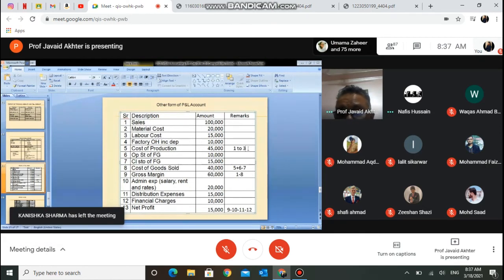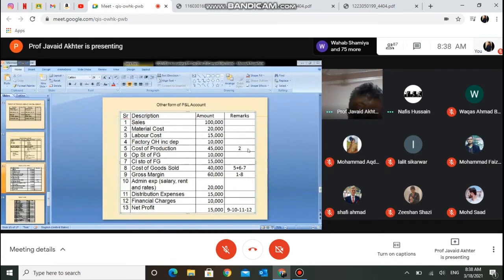If you add opening stock of finished goods and subtract closing stock of finished goods, it becomes cost of goods sold, that is 5 plus 6 minus 7. The difference between 1 and 8, that is sales and cost of goods sold, becomes your gross margin.